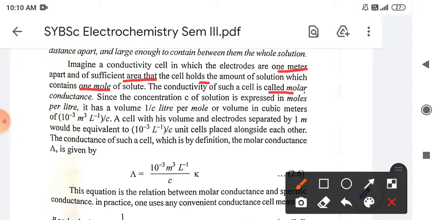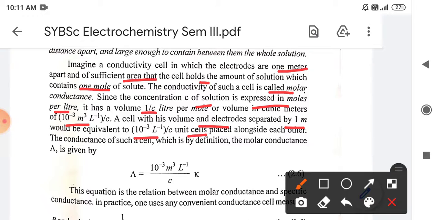Since the concentration C of the solution is expressed in moles per liter, its volume is the inverse of concentration, that is 1 by C liters per mole, or in cubic meters, 10 raised to minus 3 meter cube. A cell with this volume of electrolyte, with electrodes separated by 1 meter, would be equivalent to 10 raised to minus 3 per liter upon C, so unit cells placed alongside each other.